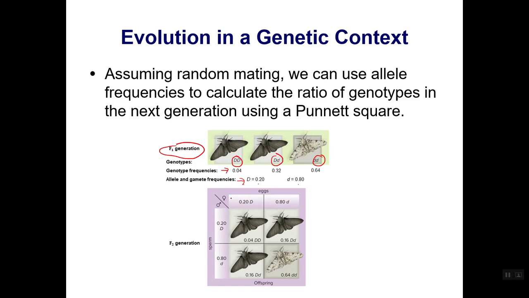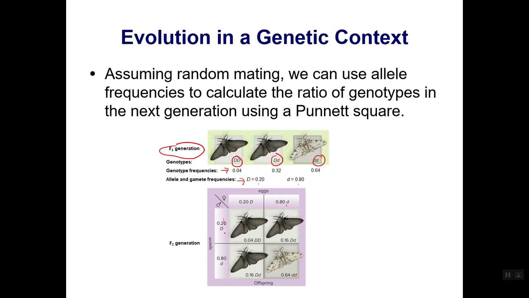So now in the F2 generation, we can calculate the ratio of genotypes in the next generation by putting the male and female sperm and eggs on the top and bottom, just like we did before way back in, I believe, chapter 10, 11, where we discussed Punnett squares. So 0.2 big D, 0.8 little d. Same thing over here, 0.2 and 0.8. And then we would do just like we did with our Punnett squares.